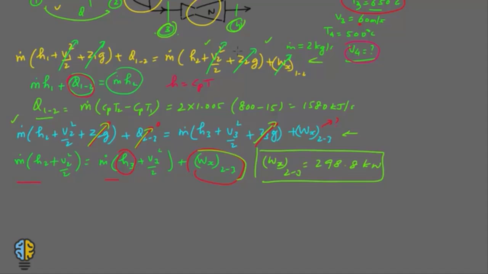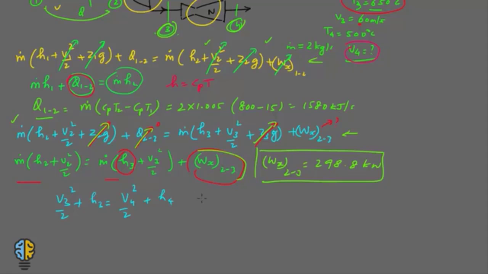So for the nozzle, if you apply directly between 3 and 4, the SFEE is V3 square by 2 plus h3 is equal to V4 square by 2 plus h4.